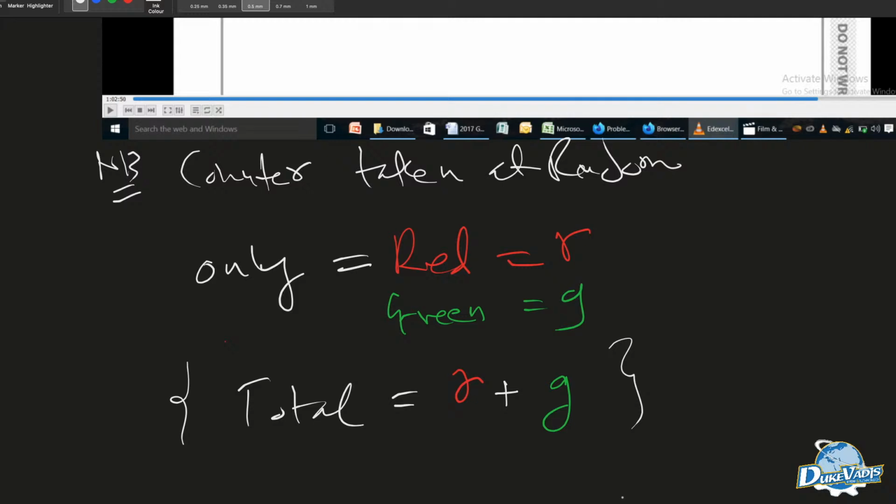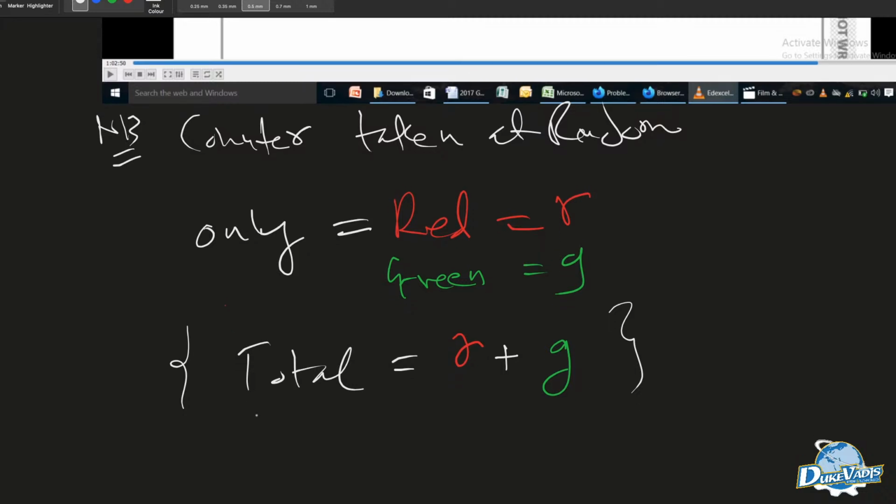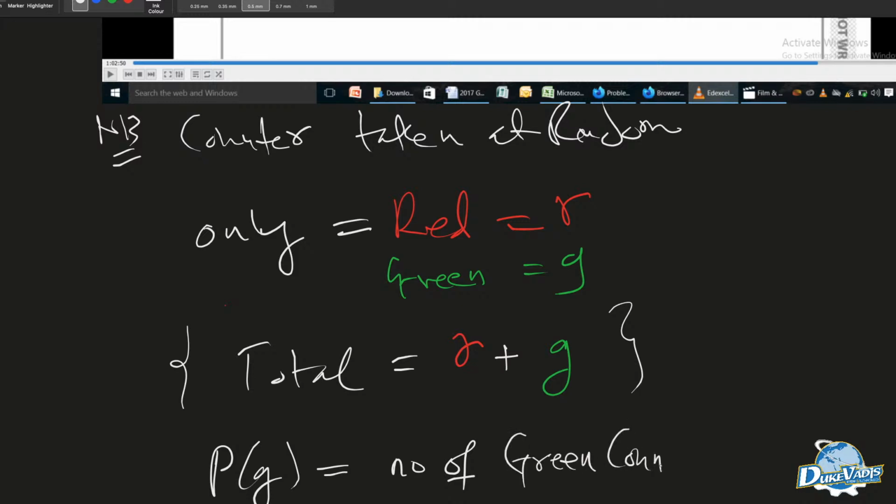So there are two selections. The first selection, probability of selecting green should be equal to number of green counters divided by total.